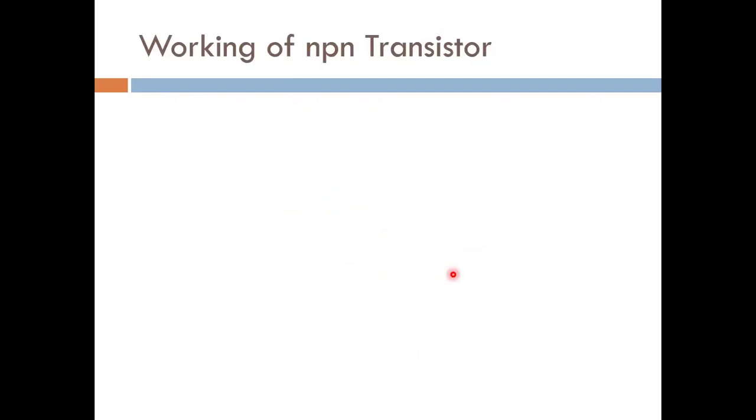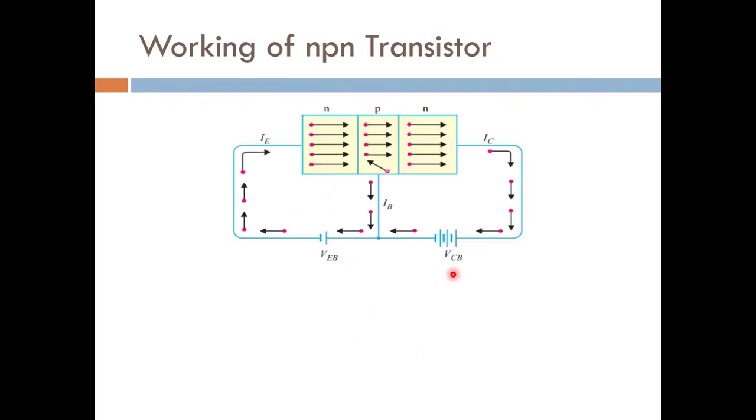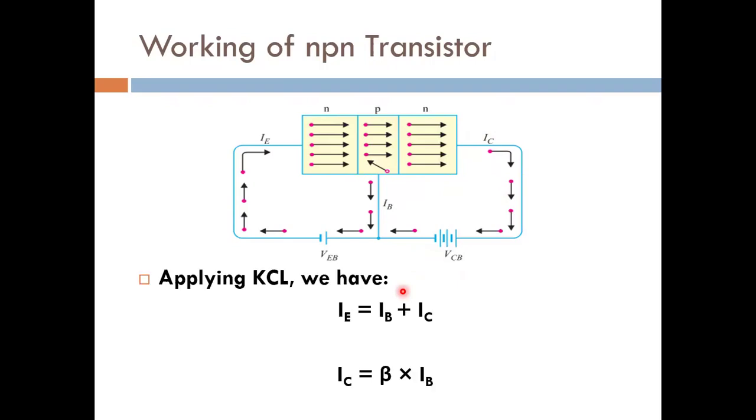So let's now focus on the working of the NPN transistor, and let's try to summarize the transistor, specifically the BJT transistor, with this working. So this diagram shows that this base to emitter junction is forward biased and base to collector junction is reverse biased. And in this case, this transistor will act as an amplifier.